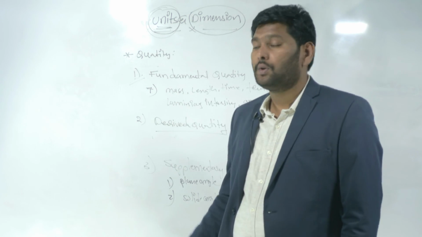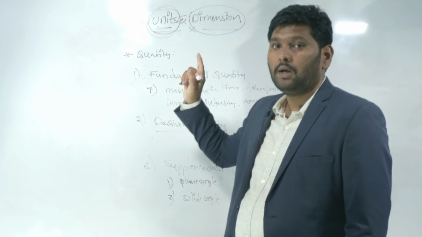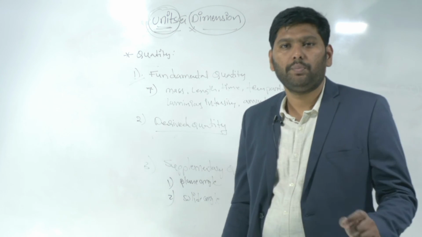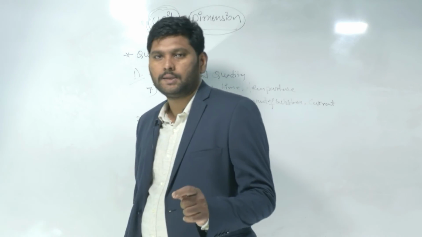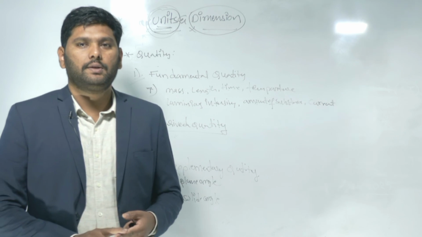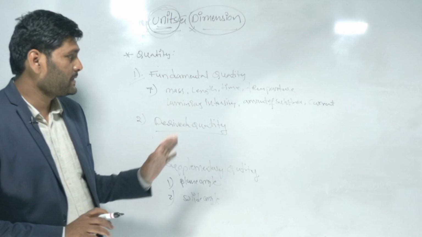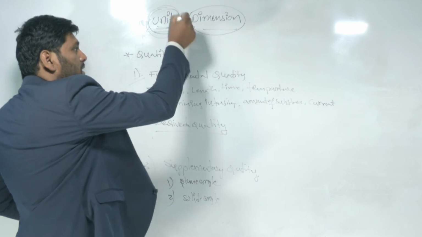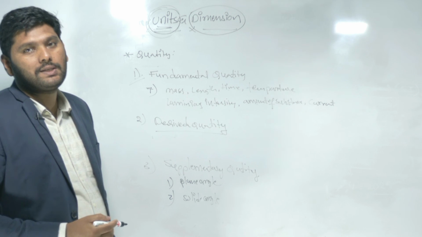About these units we will learn in the next class. I hope you have understood what physical quantities are and how many types there are. To measure them, we use units. This part we'll learn in the next class.